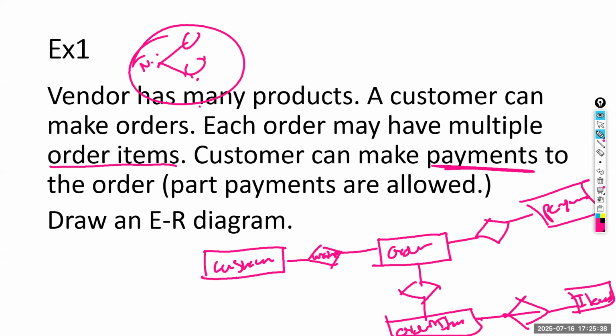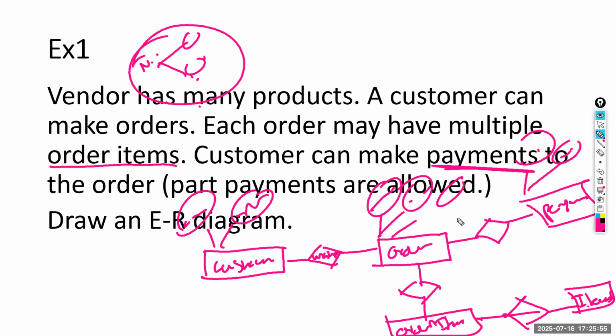Customer, order item, payment. Maybe customer ID, customer name, order ID, order total amount, order date, payment amount, payment date and time, right? Then item ID, unit price.